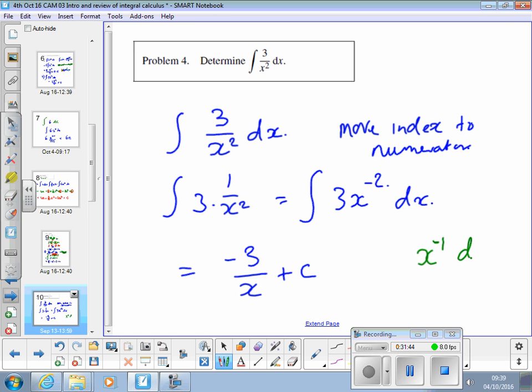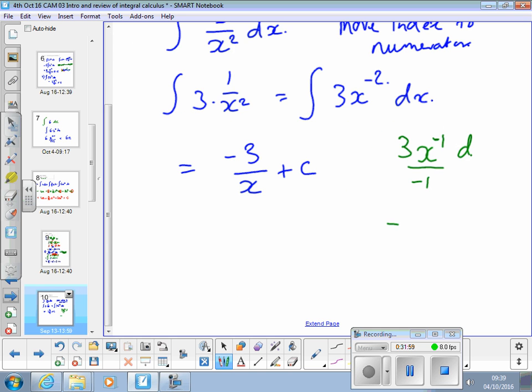We're going to divide by the new index, and that 3 has got to stay in front. 3 divided by minus 1 becomes minus 3 x to the minus 1.